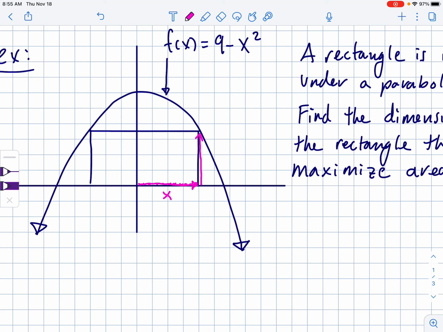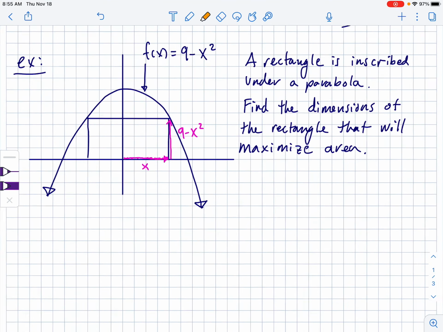So this side right here is 9 minus x squared. That's the first hurdle you got to get over with these inscribed problems: if you put in an x value to the function, then up on the y-axis, that will be 9 minus x squared. Whatever input you put into the function, the output is 9 minus x squared.